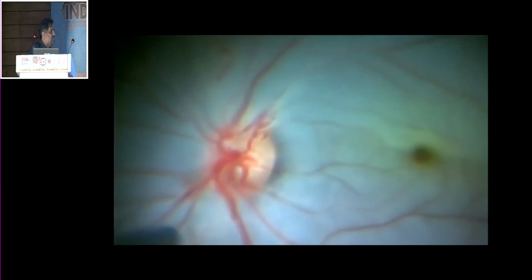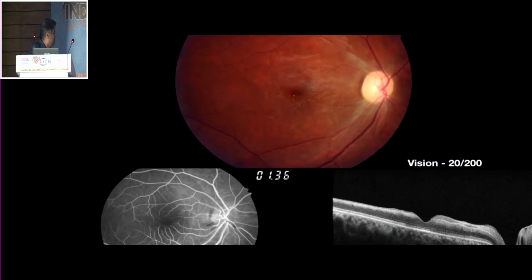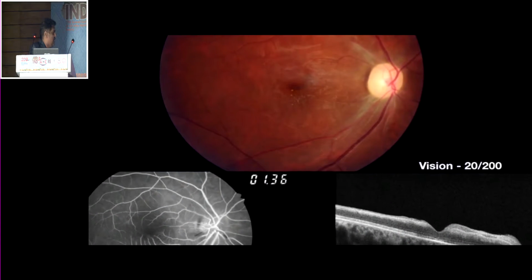As the central retinal artery starts pulsating at the lamina, the rest of the embolus can be easily located and massaged out to the periphery. He did very well to regain 20/200 vision.